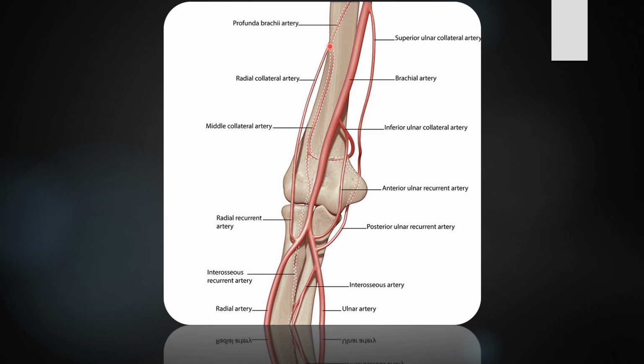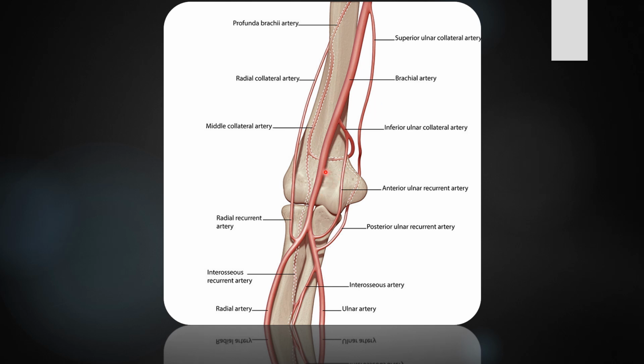The profunda brachii artery again gives two more branches, the radial collateral artery and the middle collateral artery, and then the two terminal branches, the radial and ulnar artery. So these are the branches of the brachial artery.